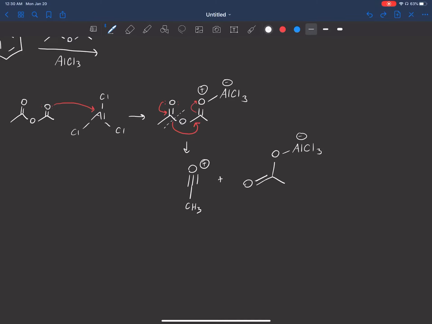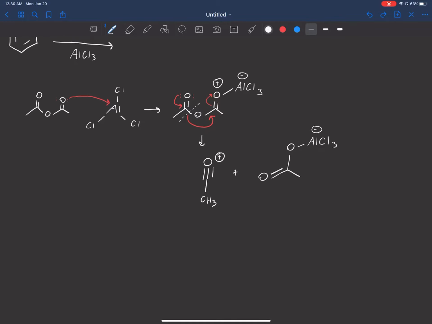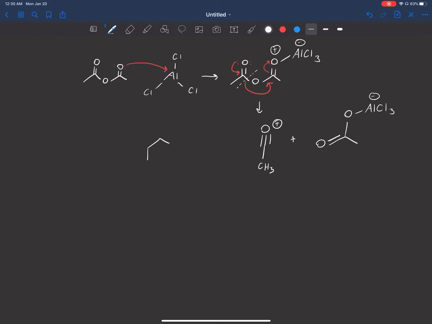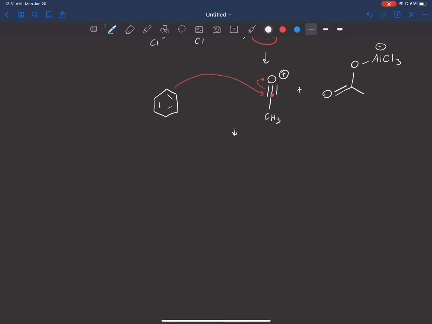What we're going to have to do now is react it with our benzene. The benzene uses one of its bonds and attacks that carbon. Remember, there are two carbons in this compound right now. One of these bonds resonates up, and we get this intermediate.